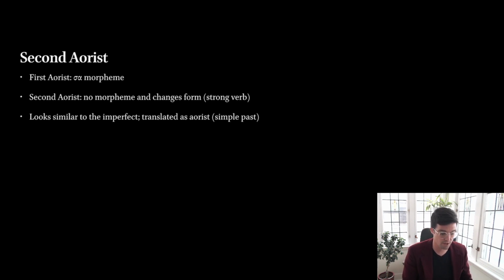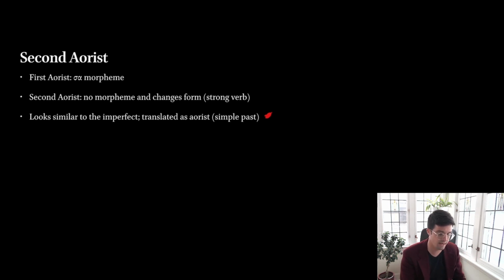And as a result, they look very similar to the imperfect as their form because they don't have the sa morpheme and they use those secondary endings that the imperfect uses. So despite the fact that they look like the imperfect, they're translated with the simple past, with that single point in time. The action is viewed as a whole simply.